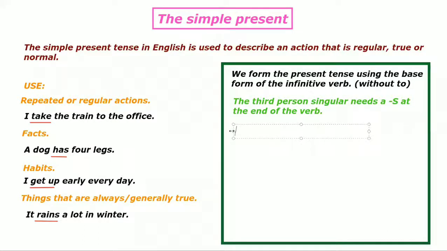Okay, talking about subjects, we have I, we have you, we have we, and we have they. These subjects or personal pronouns go with the normal form of the verb.